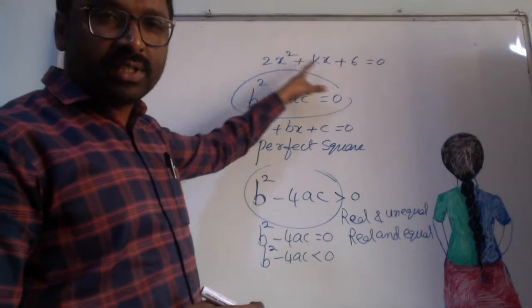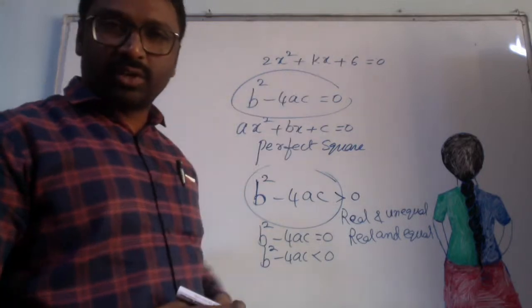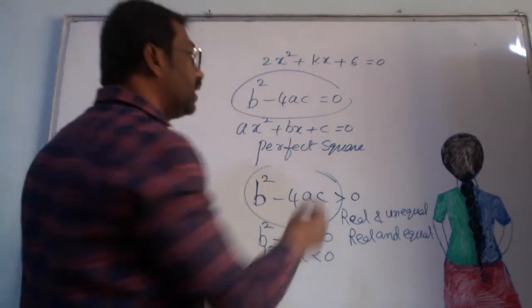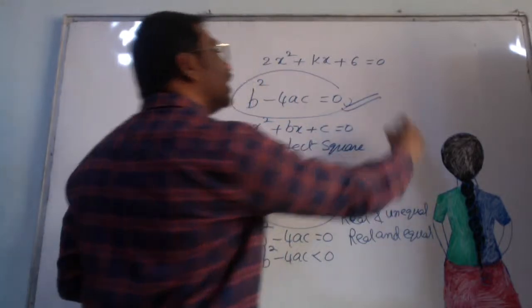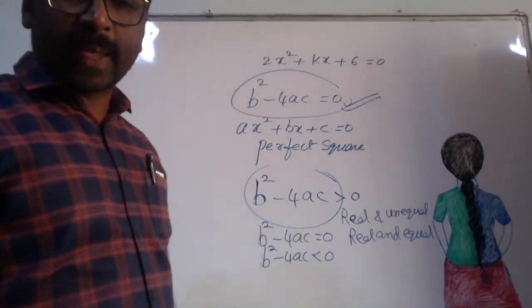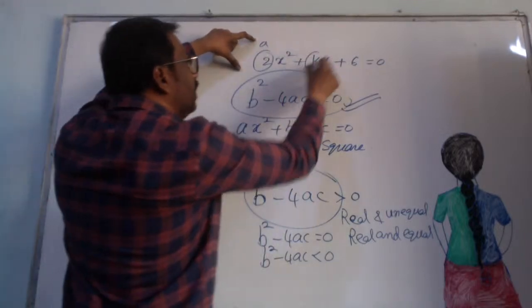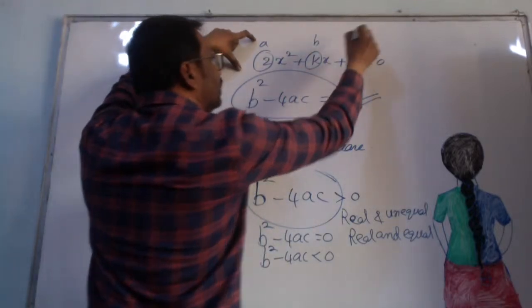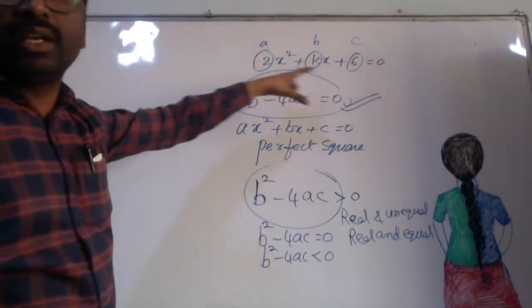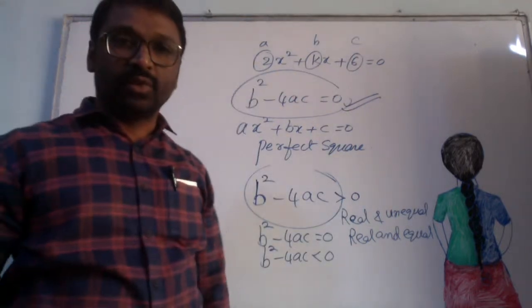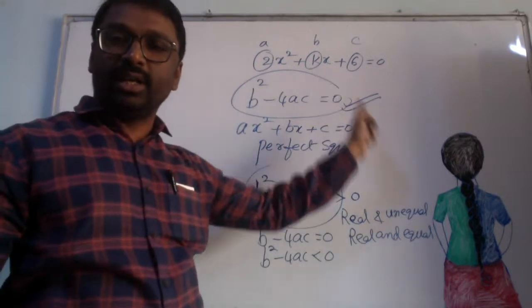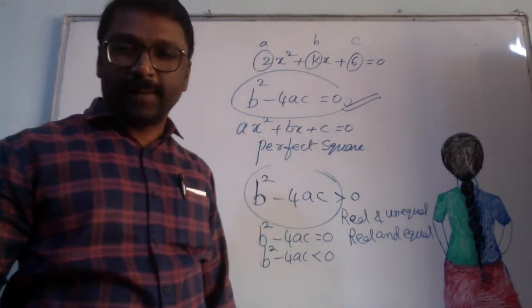So 2x square plus kx plus 6 equal to 0 is a perfect square. Then what is the condition? b square minus 4ac equal to 0. Here a value is 2, b value is k, c value is 6. When you substitute here, you can get the k value easily.